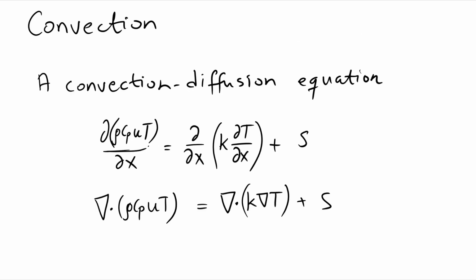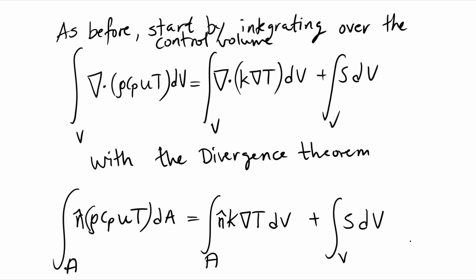Okay, going on to a slightly more complex equation. If we have convection combined with diffusion, then our equation contains this part as well, where we have a velocity that's convecting this energy. To solve this with the finite volume method, we do it in the same manner as before. We start by integrating over the control volume, and we apply the divergence theorem.